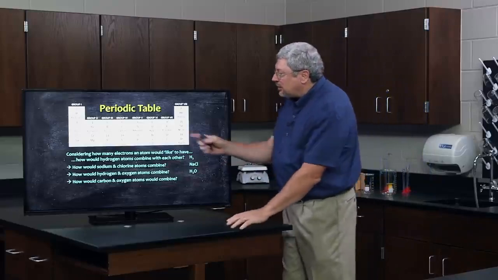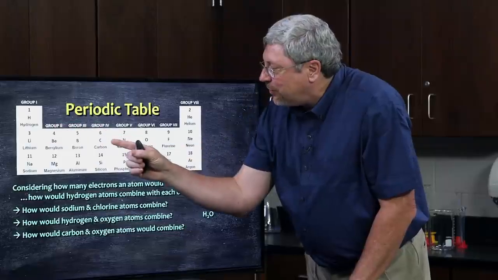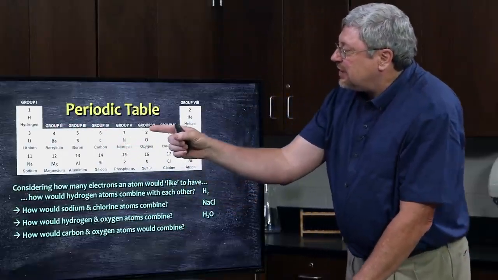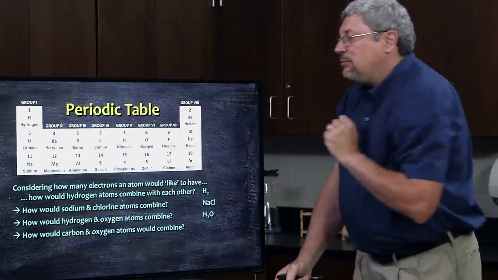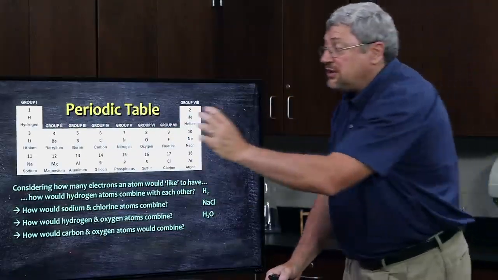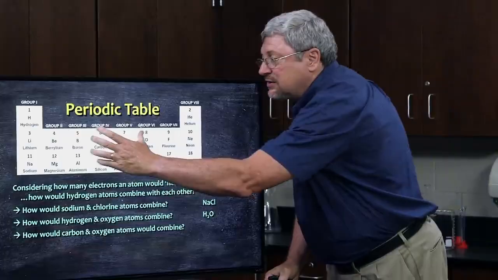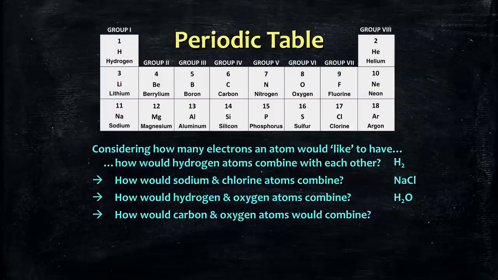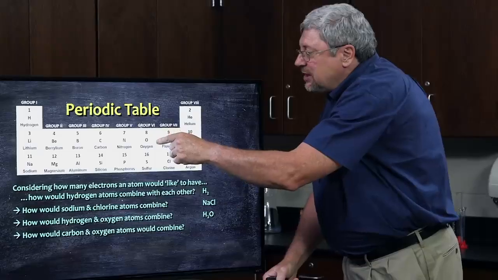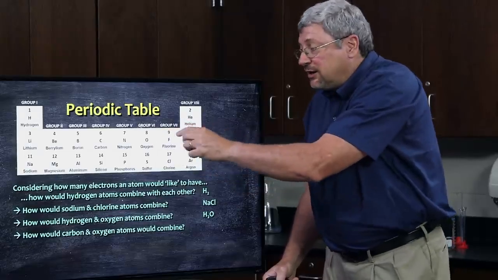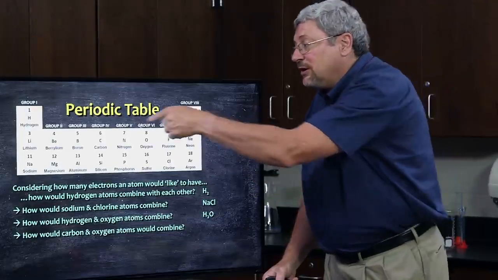A little more challenging. Carbon here is group 4. It could use either to add 4 more electrons or to give up 4 electrons. And oxygen would like to gain 2. So if 2 oxygens were around, they would need a total of 4.